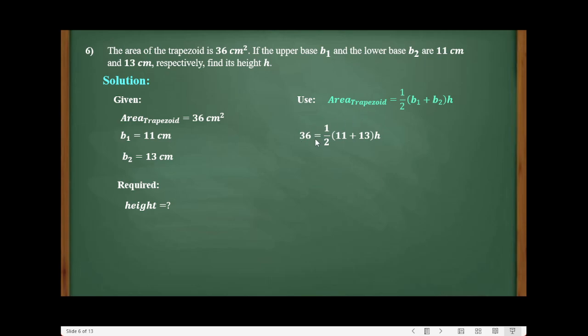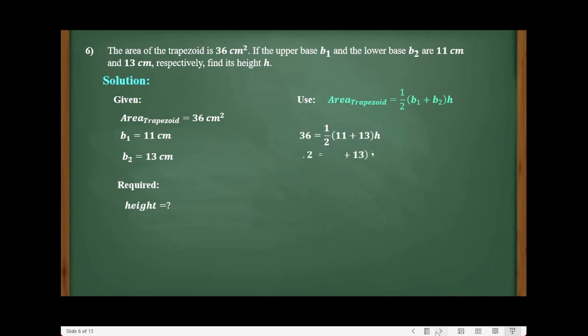So the area of this trapezoid is 36, which equals 1/2 of the sum of the bases, 11 and 13. So we plug in the values of b sub 1 and b sub 2, which are 11 and 13, so that is 11 plus 13. Then we copy the unknown height. This is the one we're going to solve for.